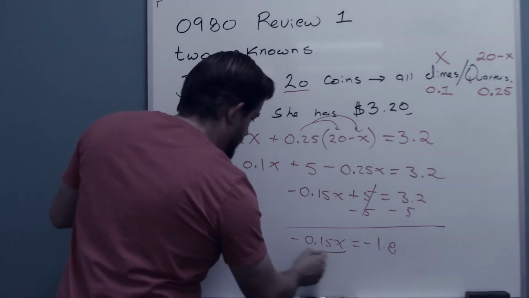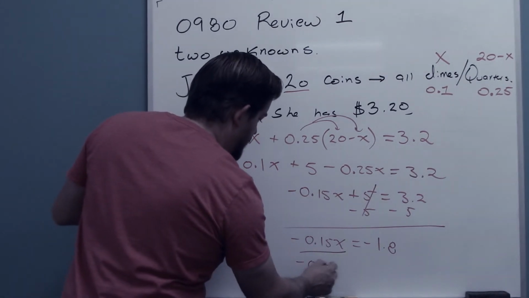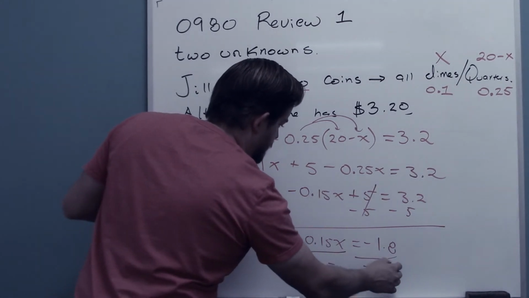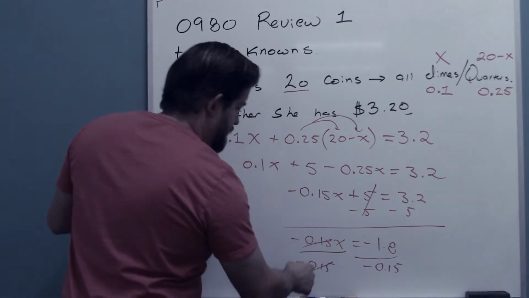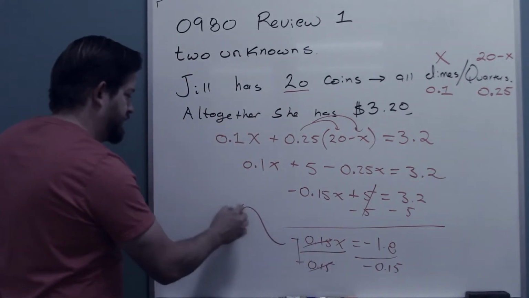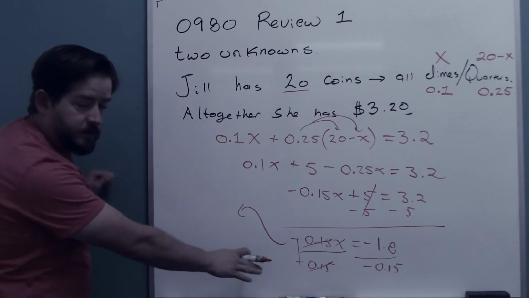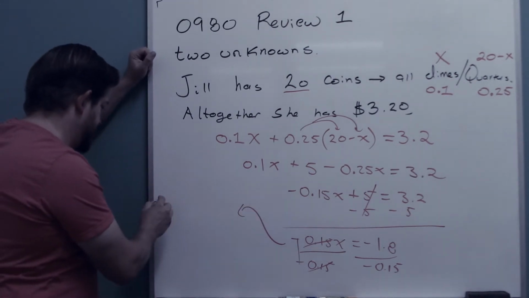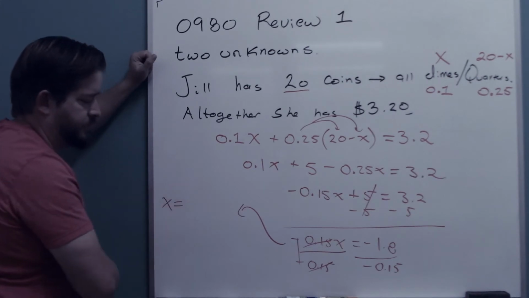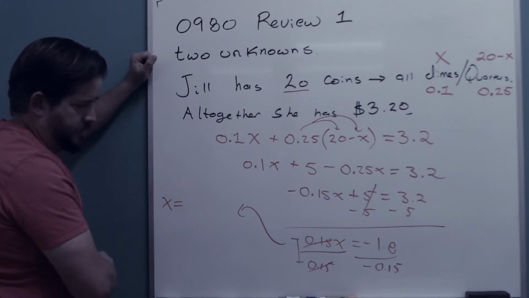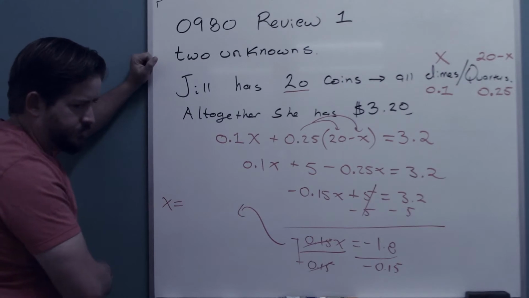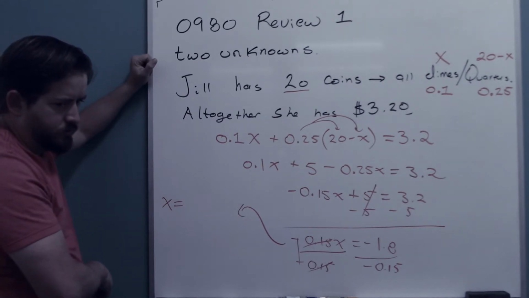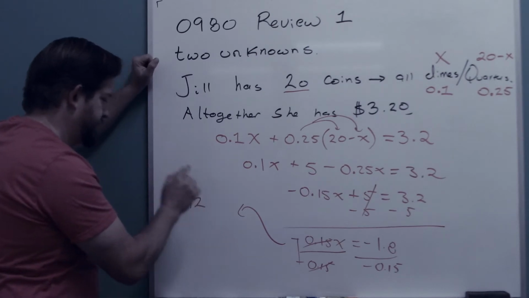And if you divide each side by negative 0.15, you end up with x is 12.